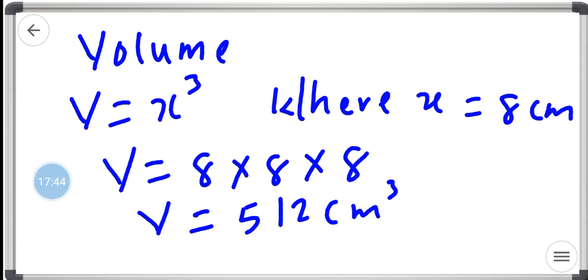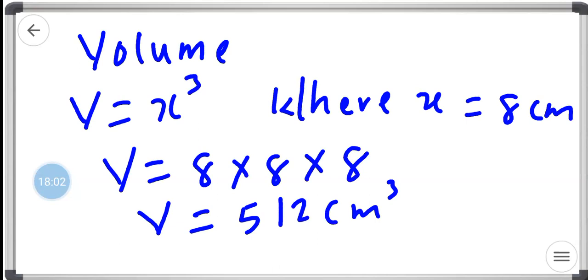We used x to get the surface area and the length of a diagonal, L equals x root 3. We'll be using the x given to us to solve for that.